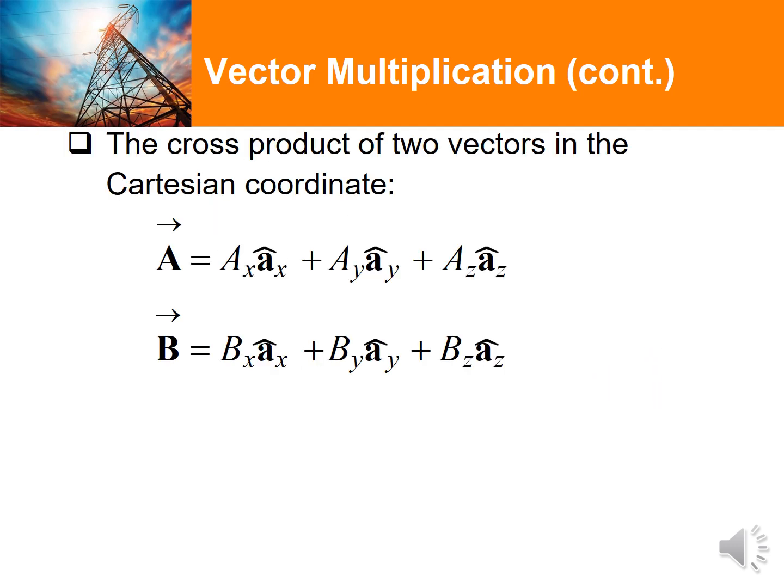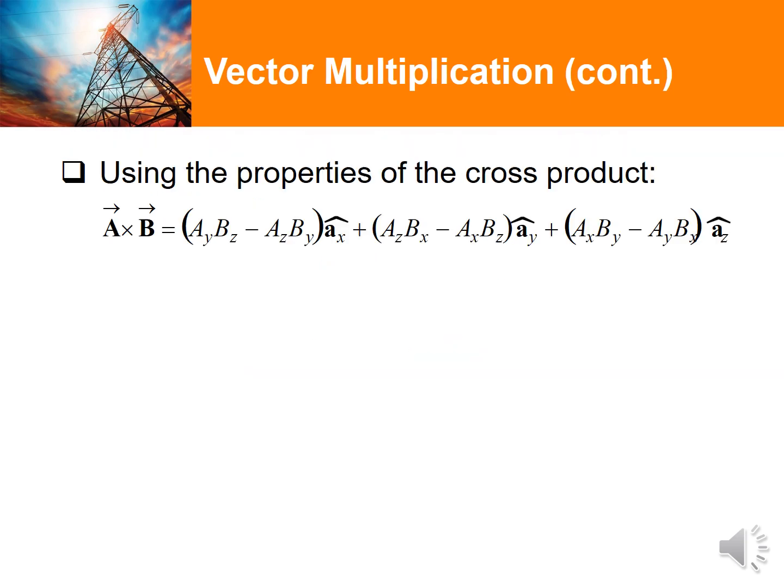When we have vectors A and B as shown on the slide, the cross product between A and B is equivalent to AY BZ minus AZ BY in the x direction, plus AZ BX minus AX BZ in the y direction, plus AX BY minus AY BX in the z direction.